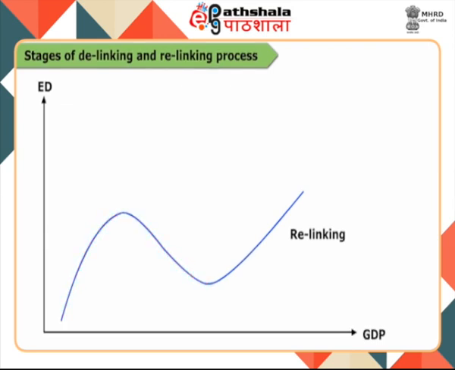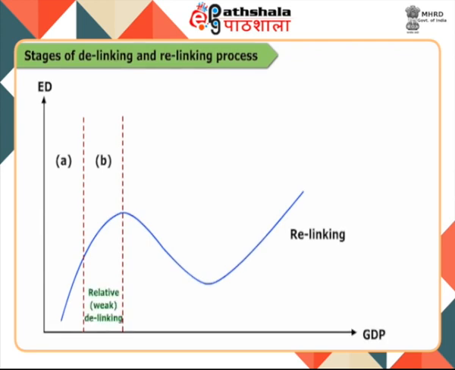We can see as GDP increases, environmental degradation increases as well, represented by area A, B. In B, there is a positive relation between environmental degradation ED and GDP as delinking is weak in this stage, but with further development, the delinking process gets strong and thus ED decreases with further development.